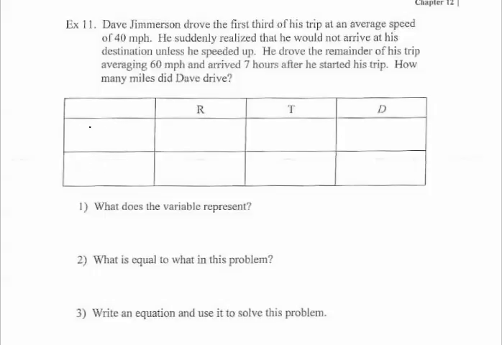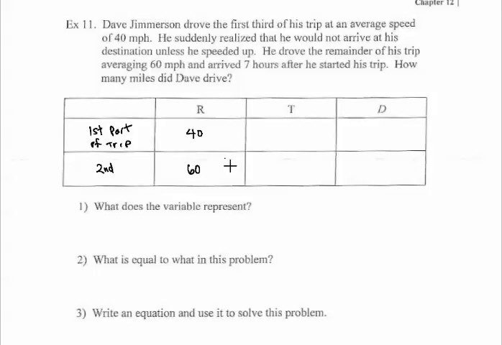We'll label this first row as first part of trip, and then this other one the second part. It says the first part he traveled 40 miles an hour, and the second part he drove 60 miles an hour. He sped up a little bit.